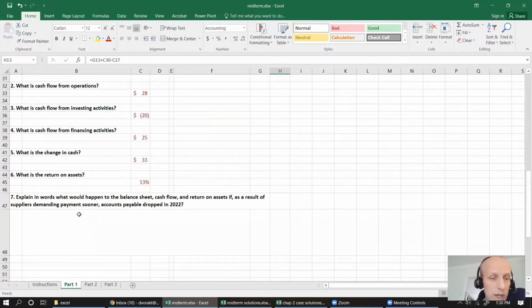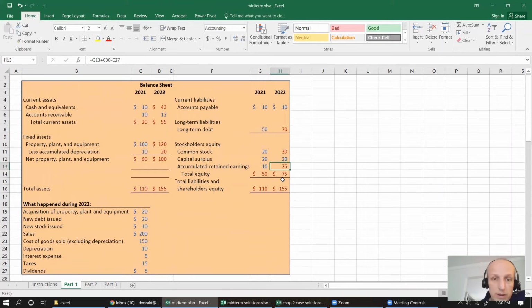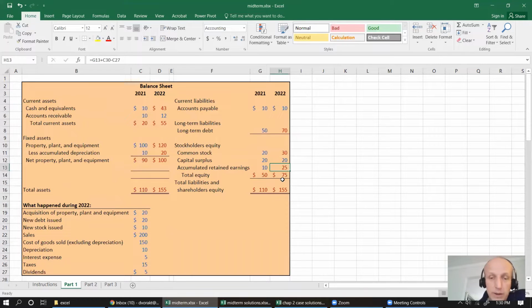Explain in words what would happen to the balance sheet, cash flow, and return on assets if, as a result of suppliers demanding sooner payment, accounts payable dropped in 2022. I'm not going to type it in this video, but clearly, if accounts payable drops, if we have to reduce our liabilities, that is a use of cash.